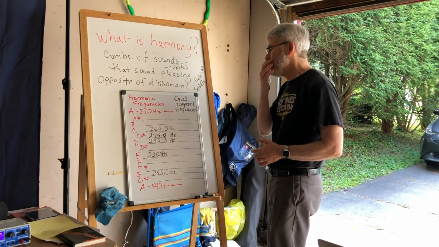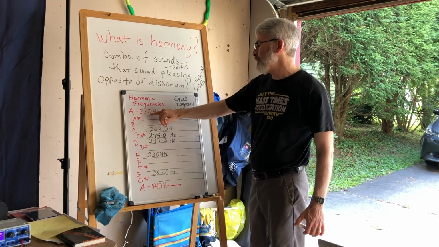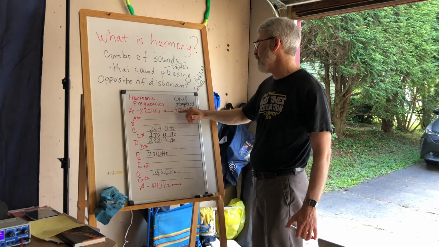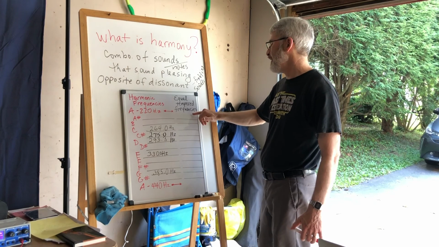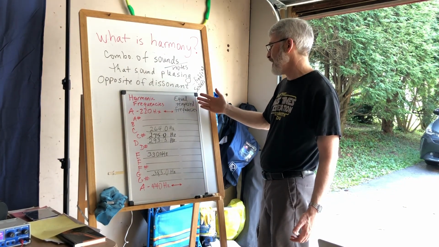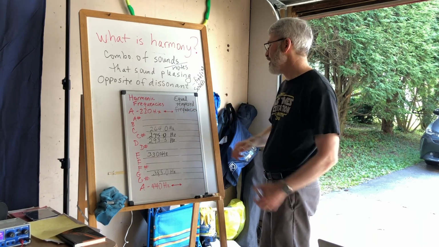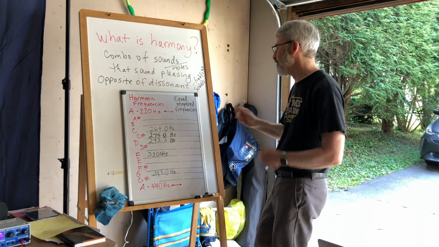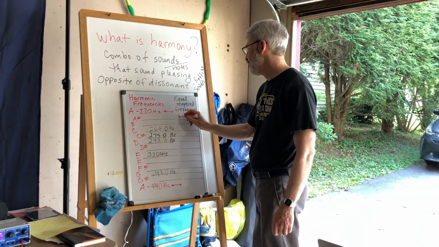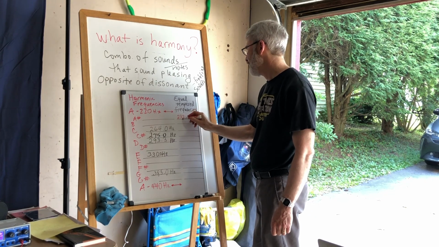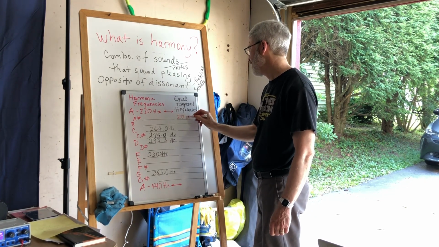So here's what you're going to do for me. I want you to type in 220 times memory recall, and that's that 1.059 whatever, and you will give me the frequency for A sharp. So what is it? It's 233.08 hertz.